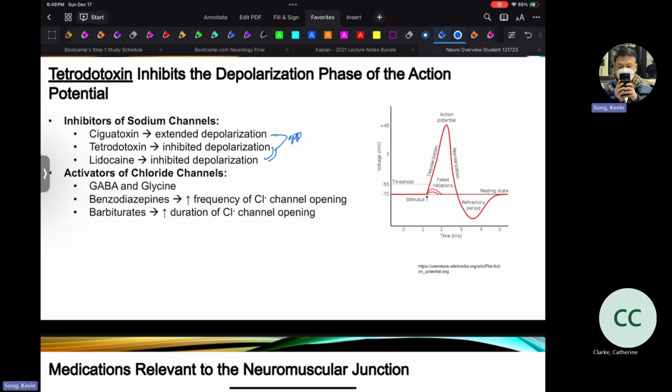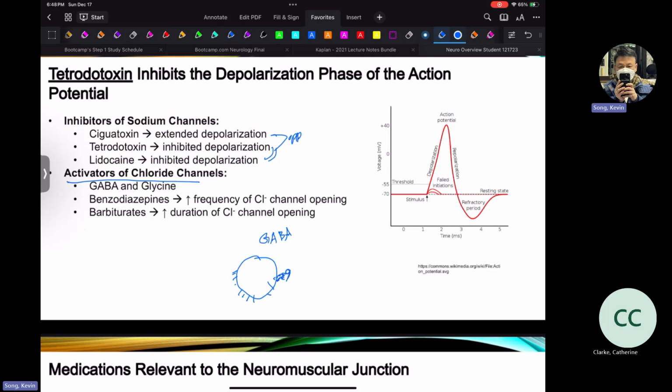And then the chloride channel. You can think of it as the chloride channel in the GABA receptor. There are something like 9 different kinds of channels, but don't take that too seriously.